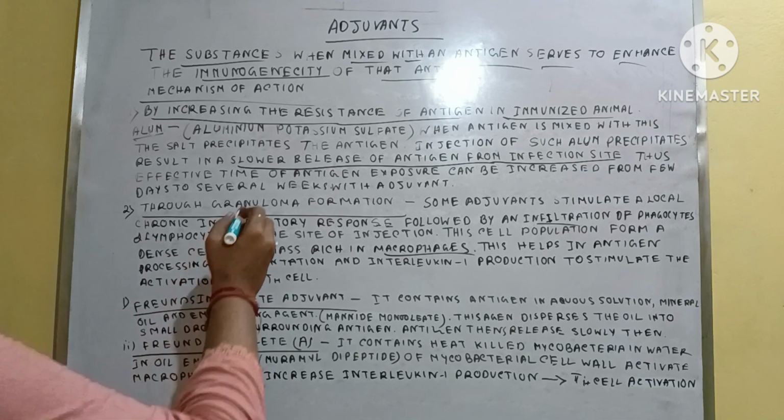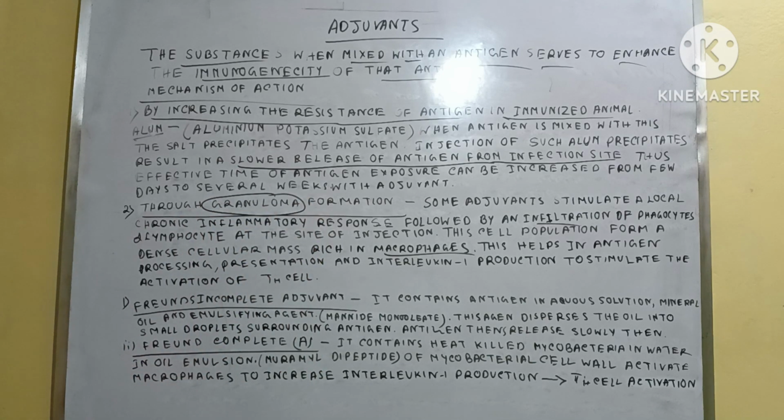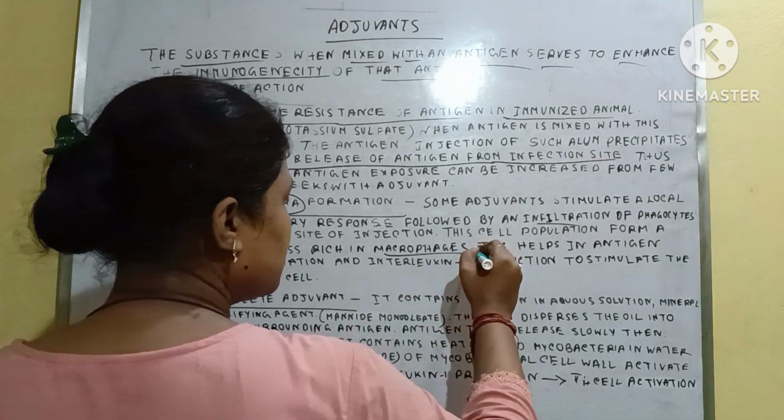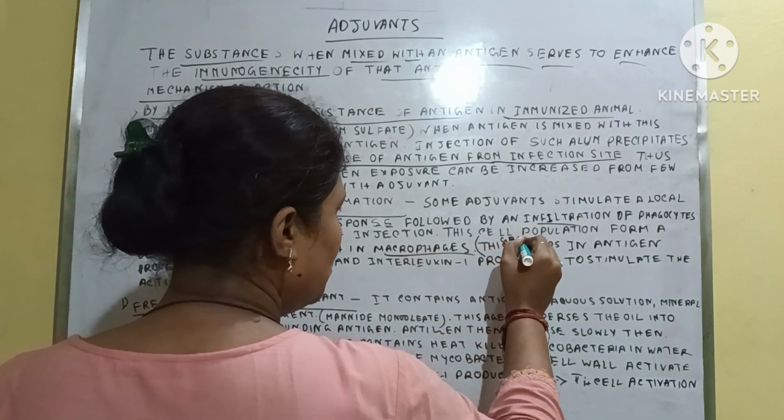The swelling is called the granuloma. And why is this granuloma formation needed? Because this helps. Granuloma actually helps antigen processing, presentation, and interleukin 1 production.